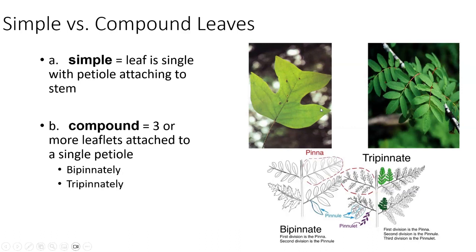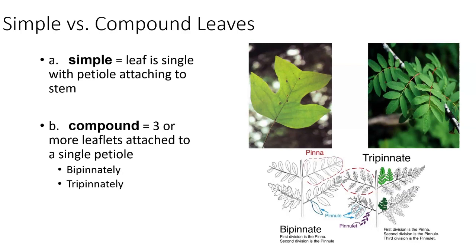This particular leaf, the first on the left-hand side if you're looking at your screen, is a good example of a simple leaf. The second type of leaf is what we call a compound leaf. That's when you have 3 or more leaflets, or mini leaves, that are attached to a single petiole. I hope I haven't lost you at this point.